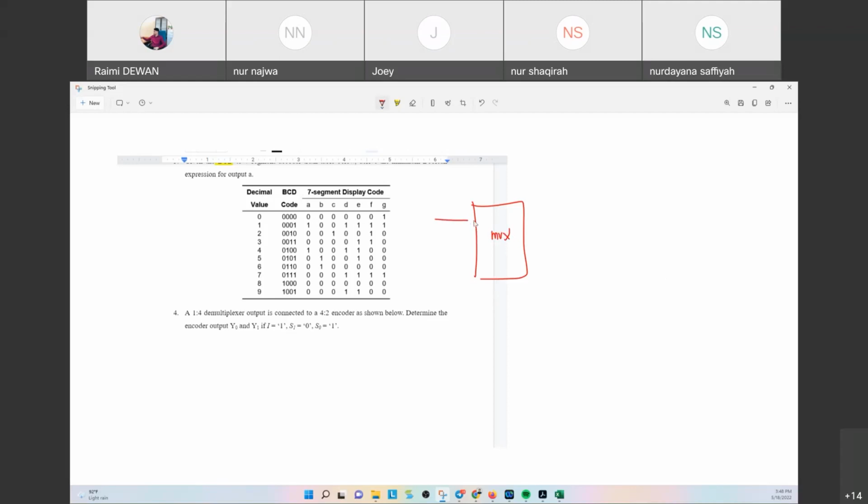For example, if we have 4 inputs, then to get 4 we need 2 to the power of 2, and this 2 is the data selector below, which we denote as S1, S0. For the multiplexer and demultiplexer, it is actually one output or one input.